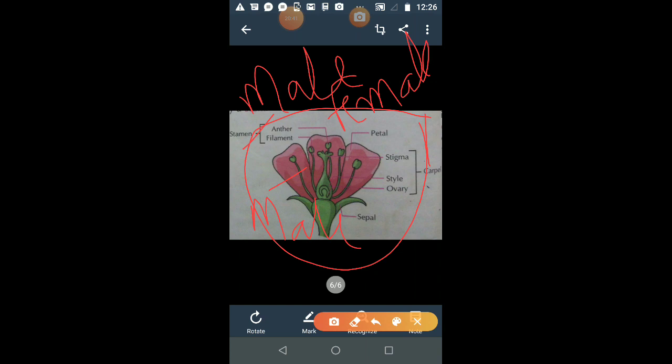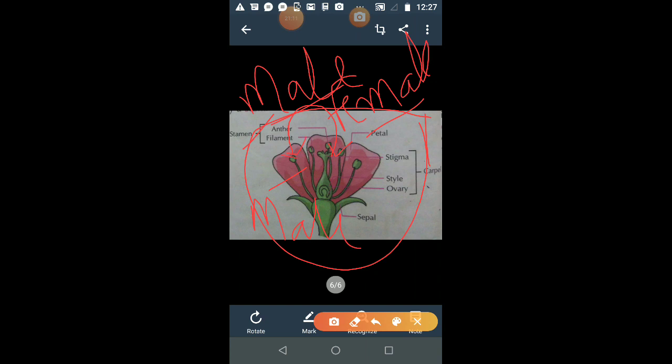In the same flower it has male part also, female part also. So these pollen grains from the anther move into the stigma. I am showing with the arrow.